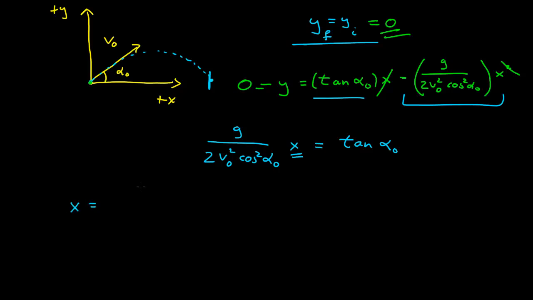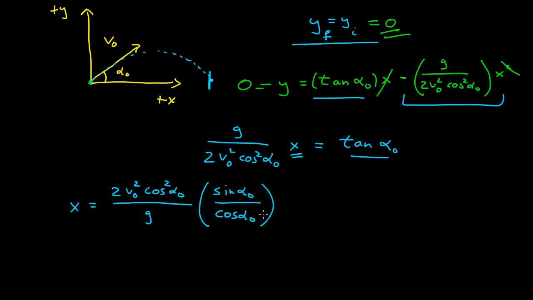So then x is equal to 2 initial speed squared cosine squared of the launch angle over g times tangent of alpha. If I separate that out, that's sine of alpha naught over cosine alpha naught. We get one of our terms of cosine alpha naught to cancel.